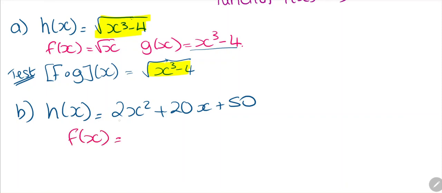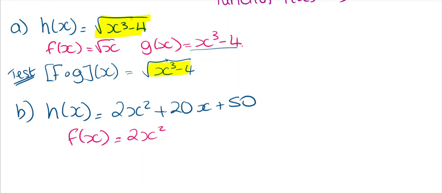So if you take our first term here, 2x squared, what would we have? We want to be able to put our function inside of this. So if we were to factor, what can we factor by? Well, we've got an x, and we want a number that will go into 20 and 50.